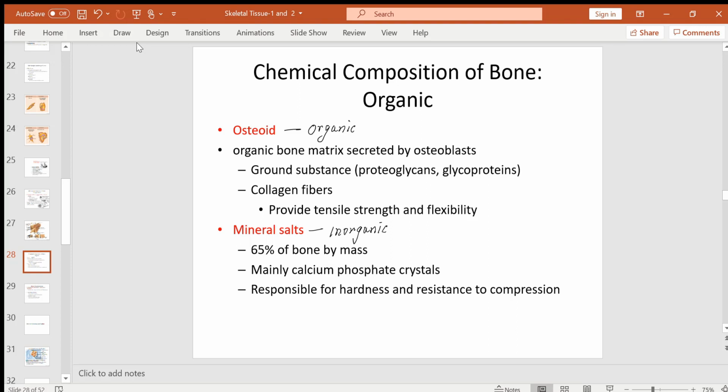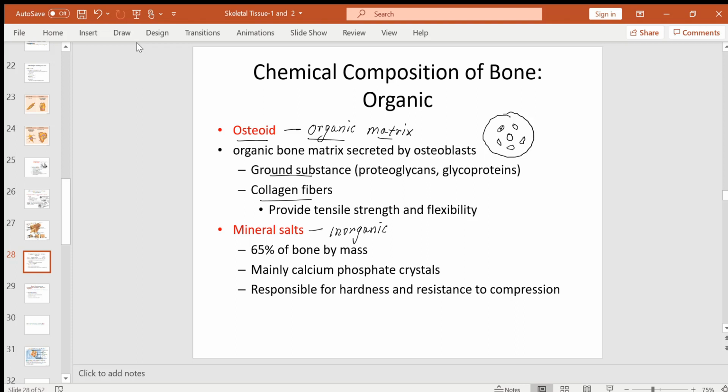Now, the osteoid or organic compound of the bone consists of the ground substances and collagen fibers. Okay. So this is the column osteon and lacunae, right?